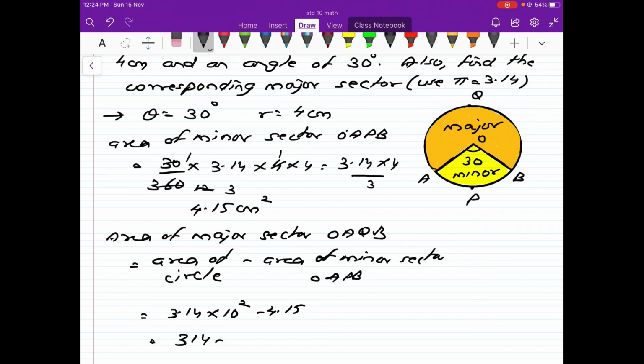So this is 3.14 into 4 square, which is 50.24, minus 4.15. So this is 46.09 centimeter square. So this is the required area of the major sector.